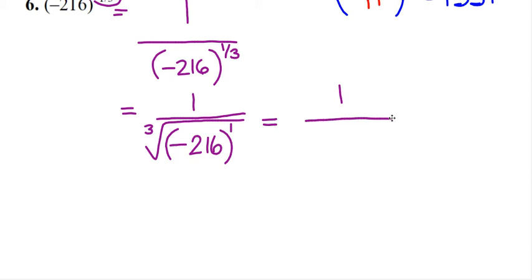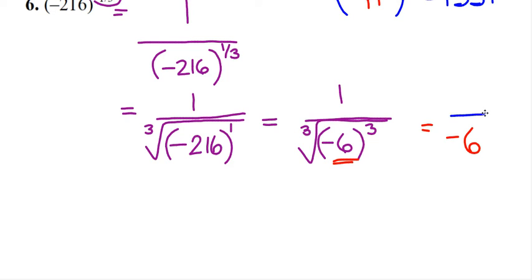So 1 over negative 6 times negative 6 times negative 6 is negative 216. Then we have the third root, so this will cancel out, leaving negative 6, and then we still have the 1 up on top.